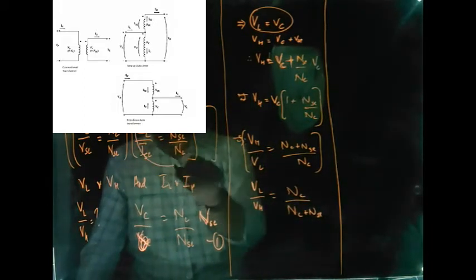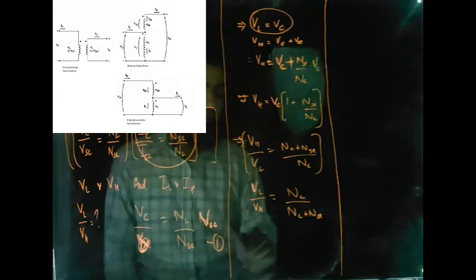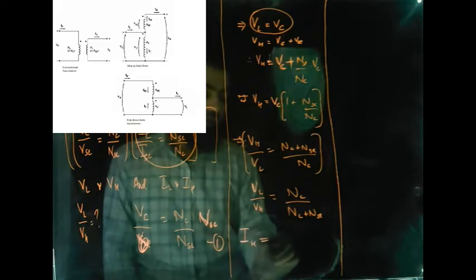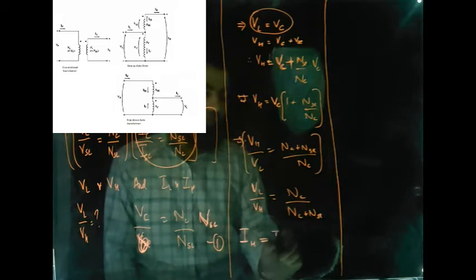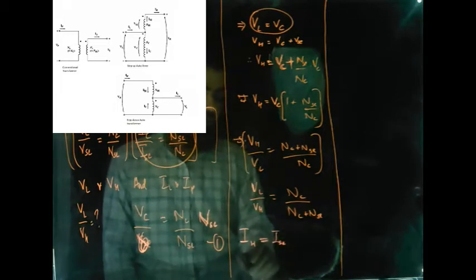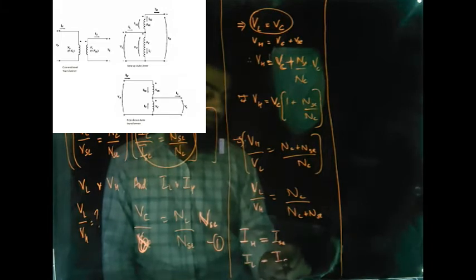Similarly, we know the diagram. You can also find the current equations. You know that IH is equal to the current that is flowing in the series winding ISC, while IL is equal to ISC plus IC.